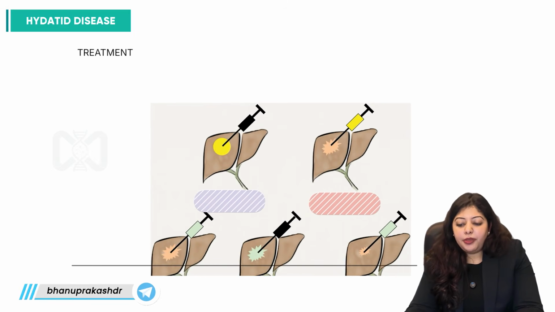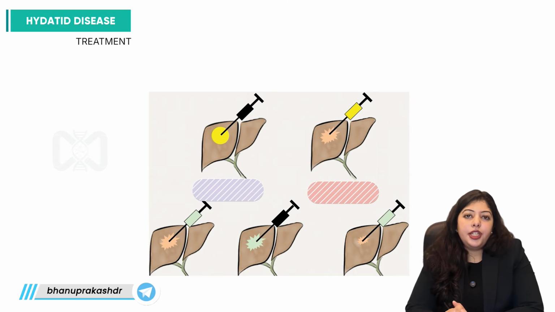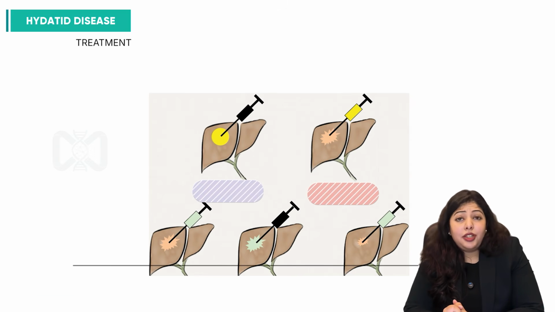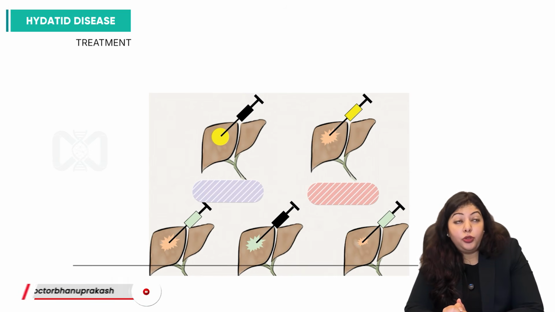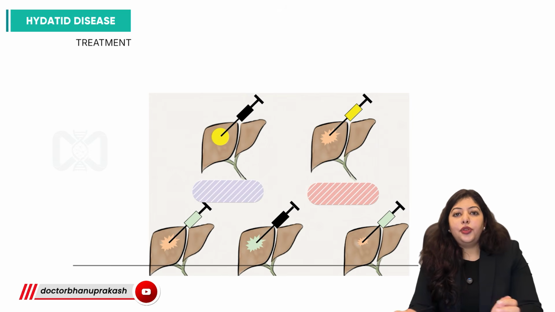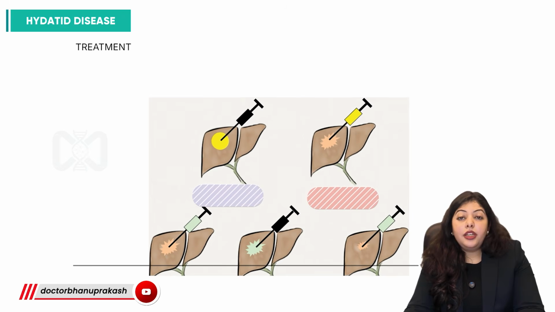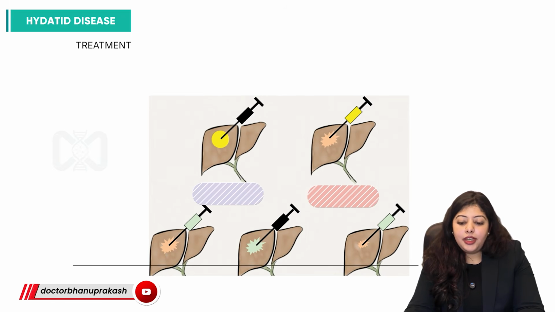Now what is the treatment? Of course, surgery remains the mainstay of treatment, but in certain conditions like debilitated states, older patients, or those patients who are not fit for conservative management, we go for surgeries, right?